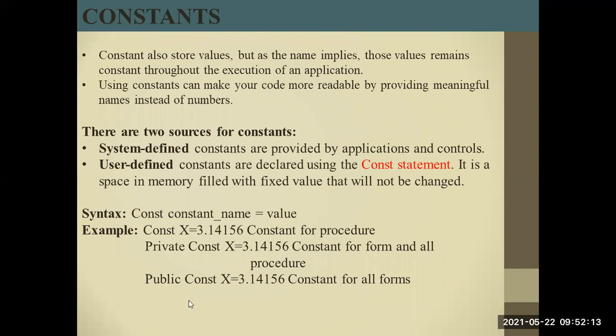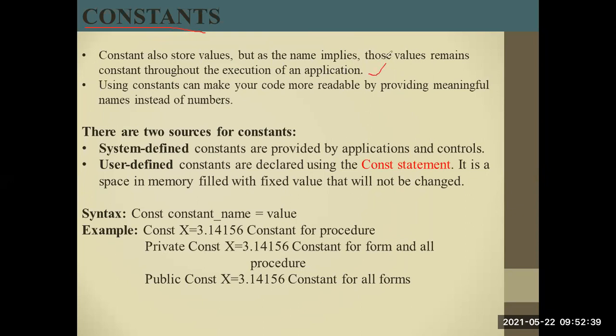Next thing we are going to discuss is constants. Constants are basically used to store values which cannot be modified throughout the program. It is quite similar to a variable, with slight changes. A constant can store values, but as the name implies, the value remains constant throughout the execution of the application.